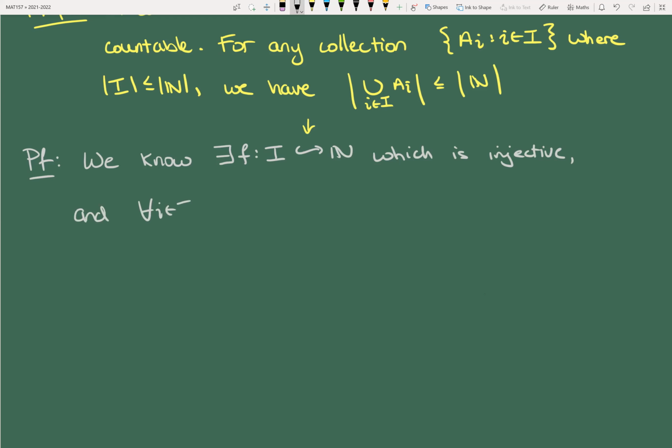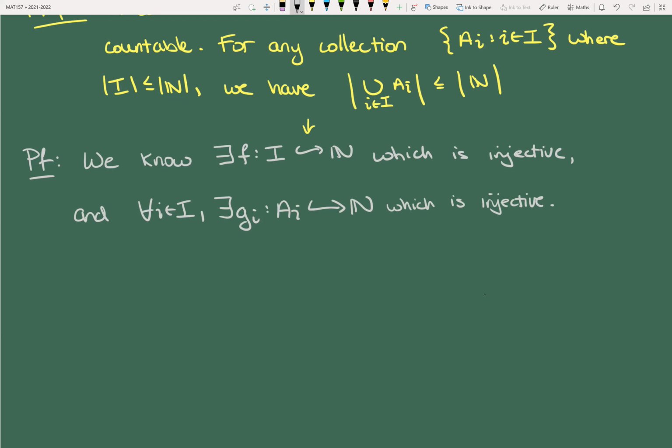Okay. We also know for every i, there exists a function g sub i from A sub i into the naturals, which is injective. So the function f here keeps track of the fact that we have a countable collection of sets.